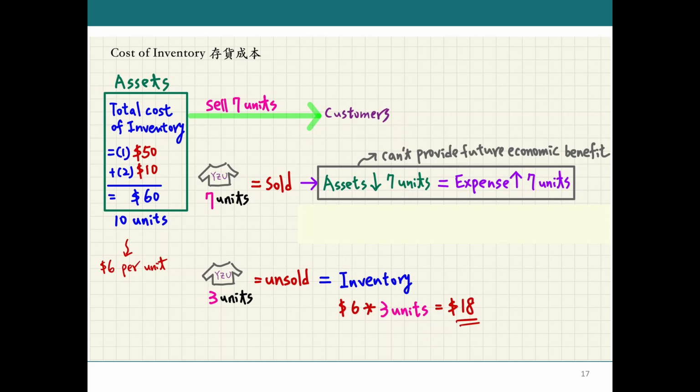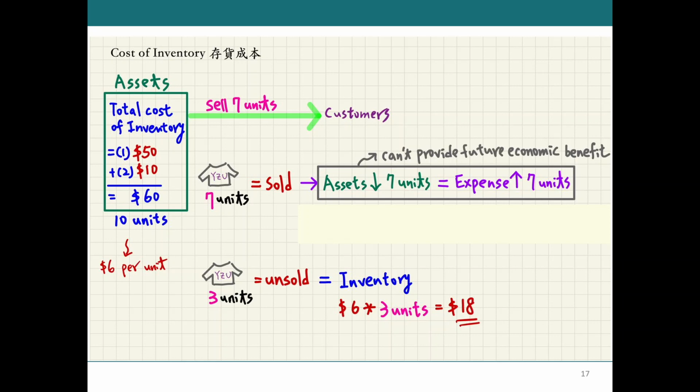So remember, it's not your assets anymore because they cannot provide you future economic benefit. Why? Not yours. So how could you use it in the future? Impossible, okay? So since not our assets anymore, then no future economic benefit. That means this is your expense.